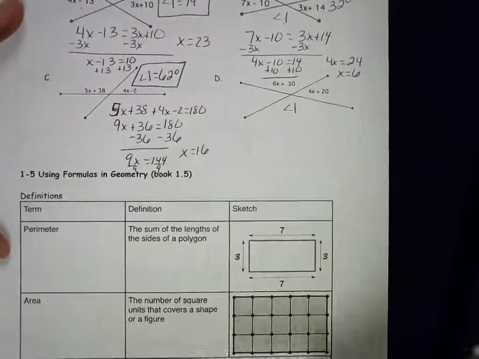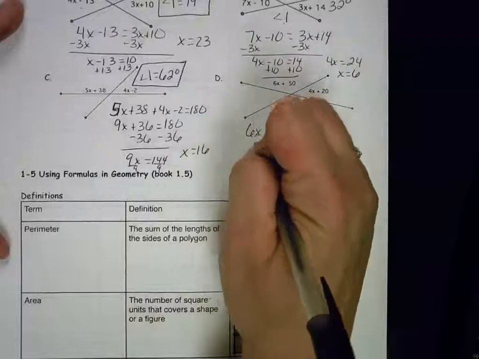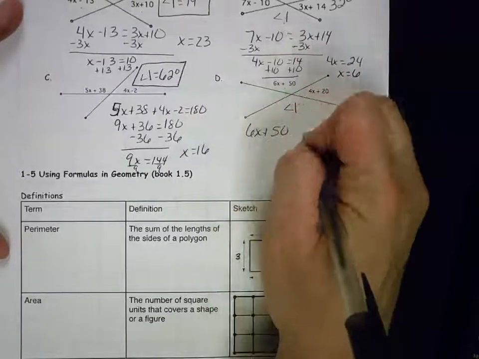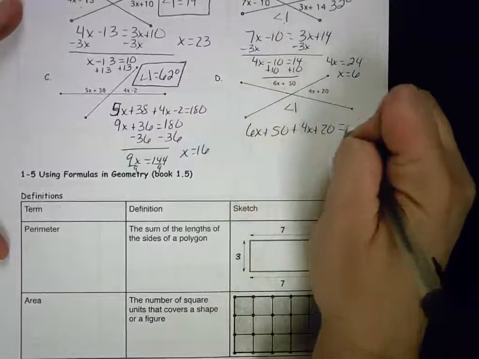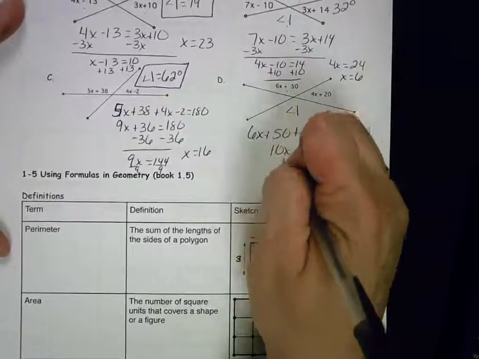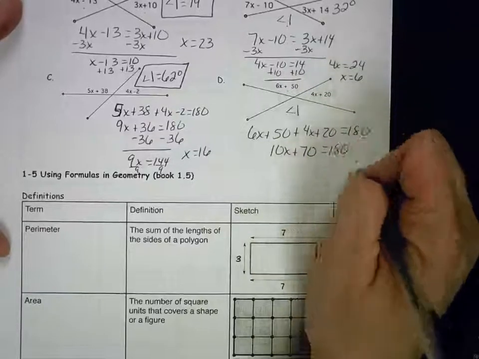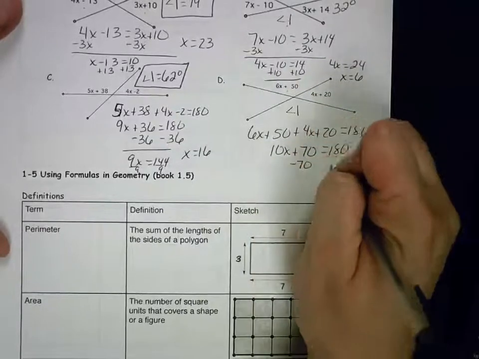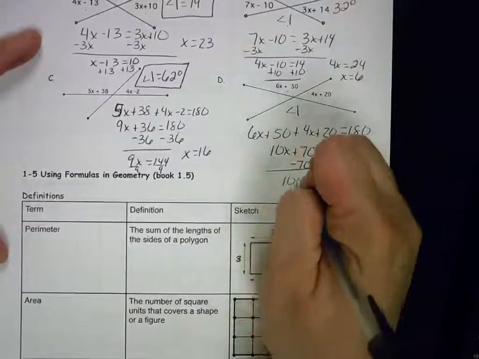And letter D, these two form a linear pair. So 6x plus 50 plus 4x plus 20 equals 180. That becomes 10x plus 70 equals 180. Subtract 70 from both sides.